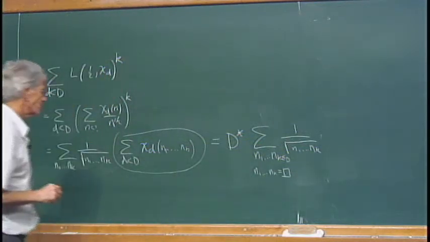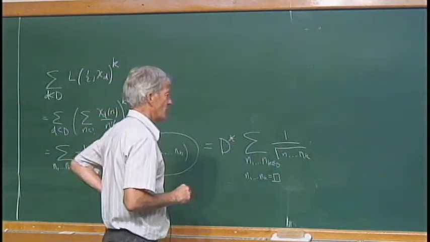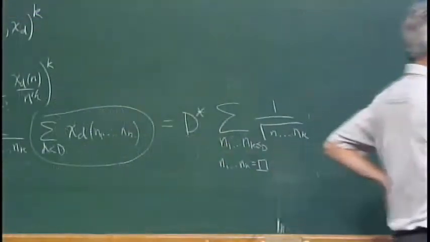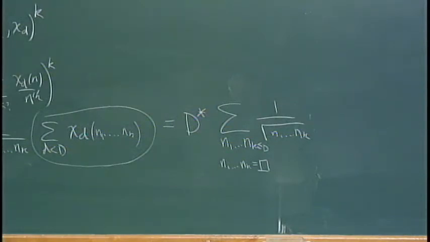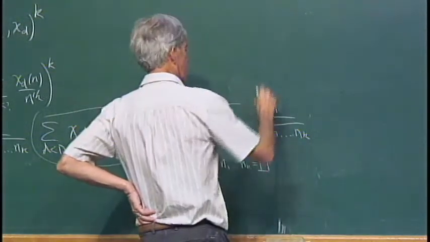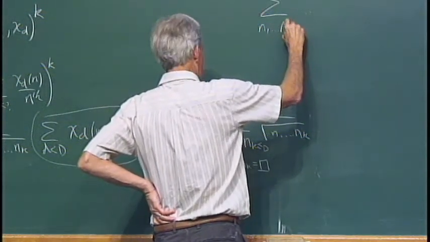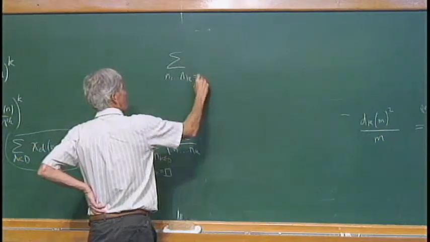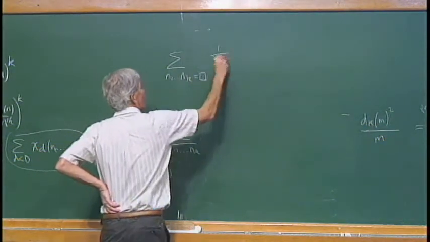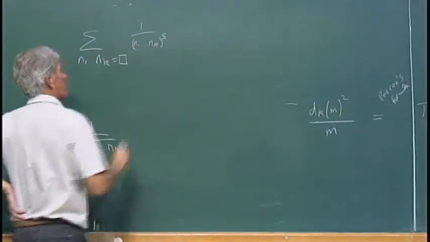Now, again, we would then go to Perron's formula and need to know the generating function of this thing. In other words, what can you say about the generating function of that product being a square of 1 over n1 up to nk to the s power?